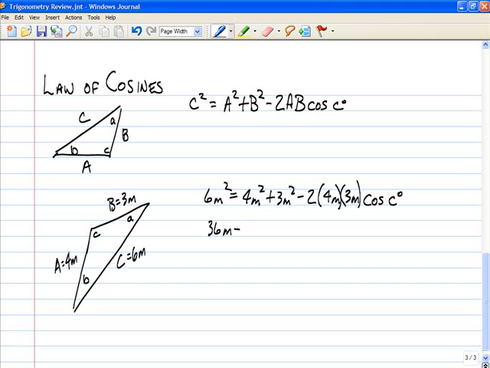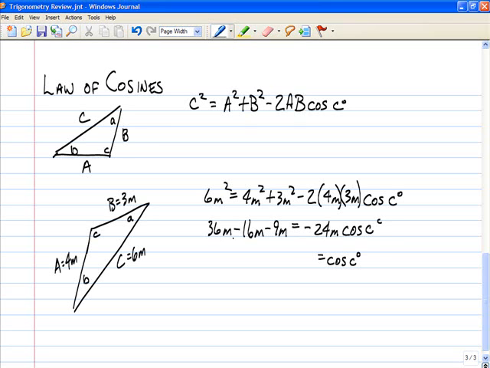This goes to the other side, it becomes a minus 4 squared, which is going to be 16 meters, and this goes to the other side, it's going to be minus 9 meters equals negative 2 times 4 is 8 times 3 is 24 meters, cosine of C. So cosine of C equals, well, we have to divide both sides by negative 24, don't we?